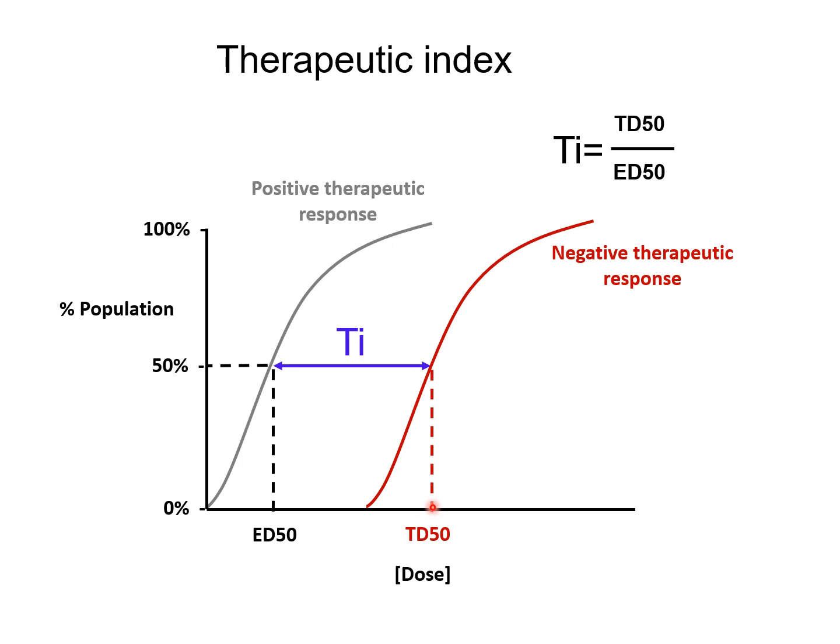So now, having all of this in this graph, we can easily determine the therapeutic index, which is basically the range between these two concentrations. And this is how we can determine the therapeutic index of a particular drug.